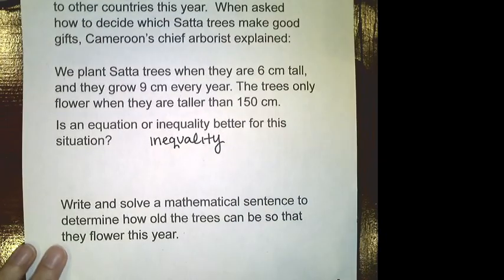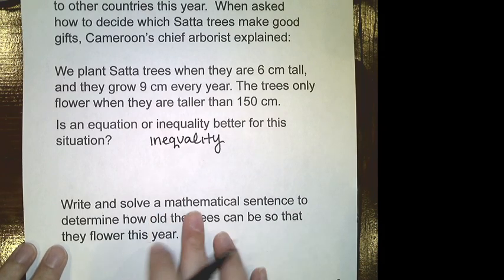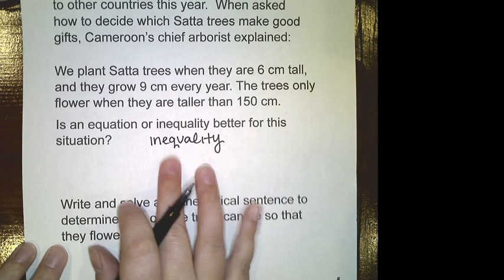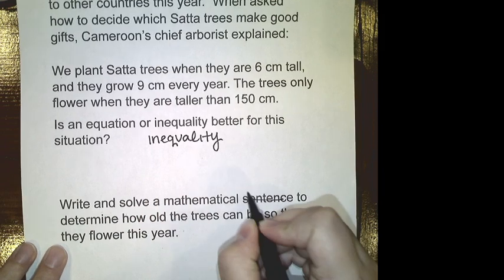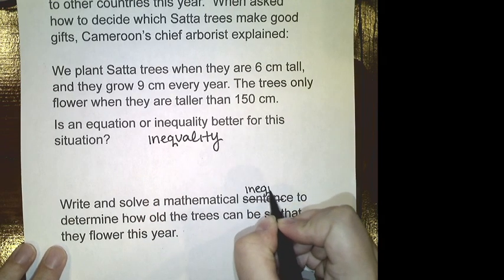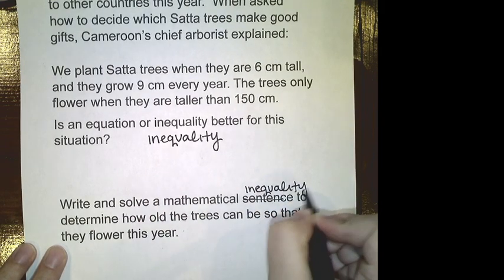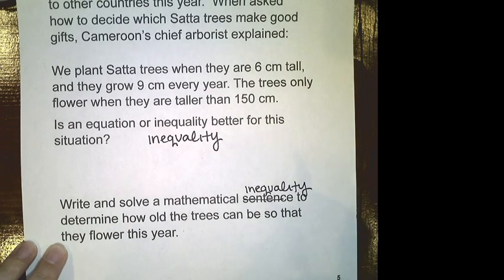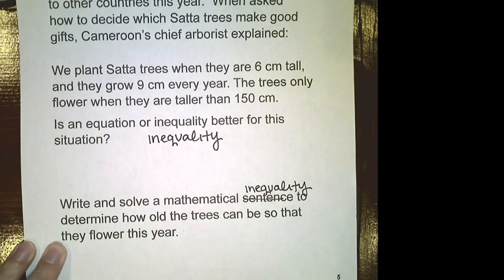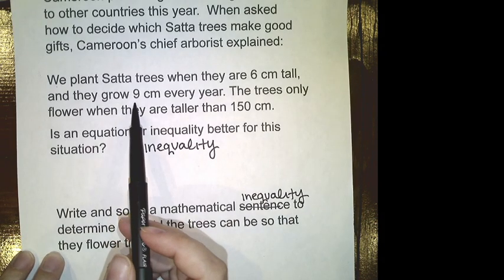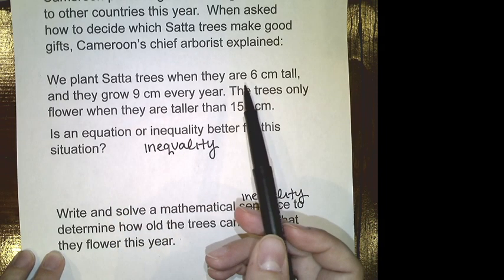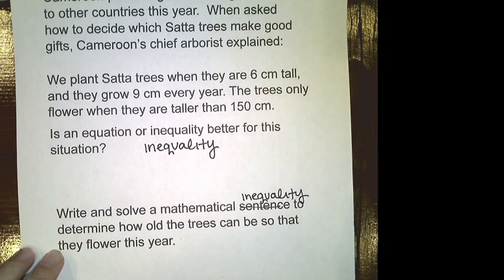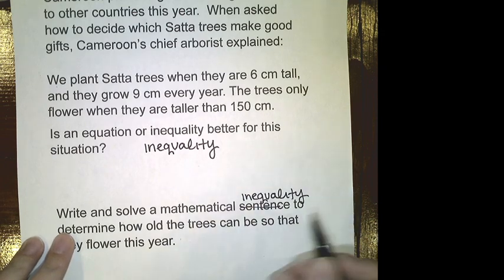So now we can change the sentence to an inequality, because we decided that we're writing an inequality to determine how old the trees can be so that they flower this year. If we are growing a constant 9 centimeters every year with a starting point of 6, it's kind of like our mx plus b, if you remember.